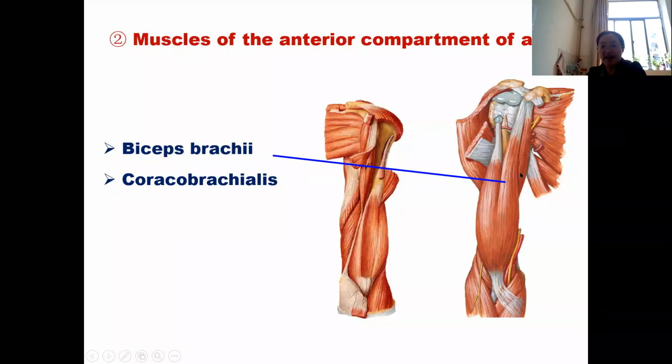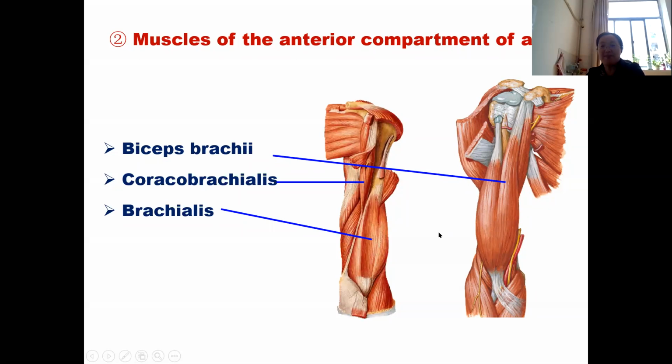Coracobrachialis. Okay. Coracobrachialis originates from the coracoid process and inserts to the middle part of the humerus, and then brachialis originates from the middle point of the humerus and inserts to the ulna.